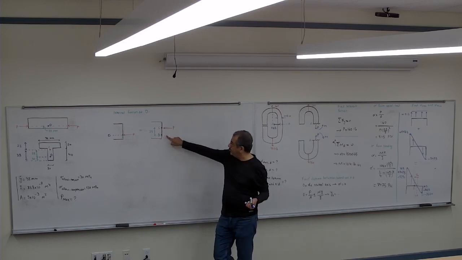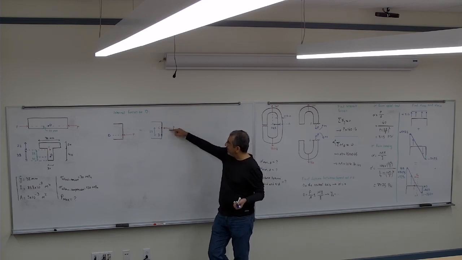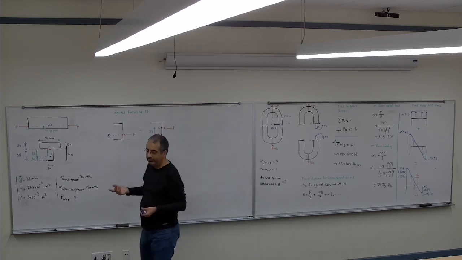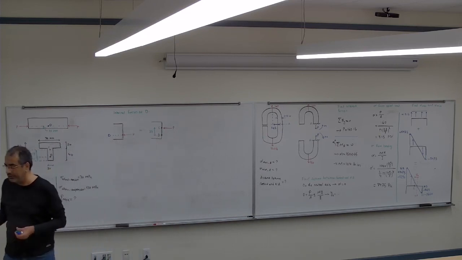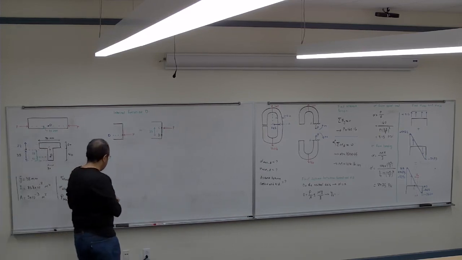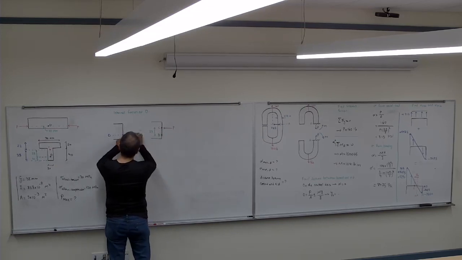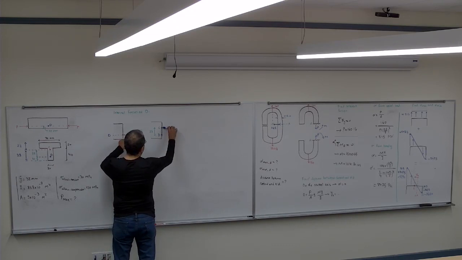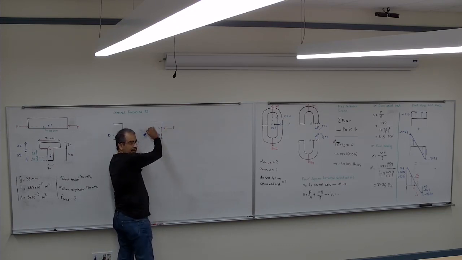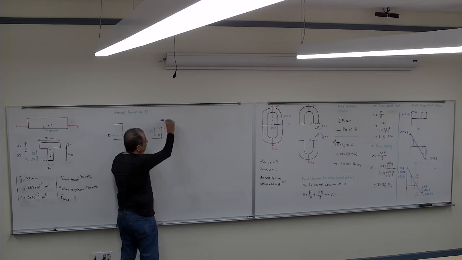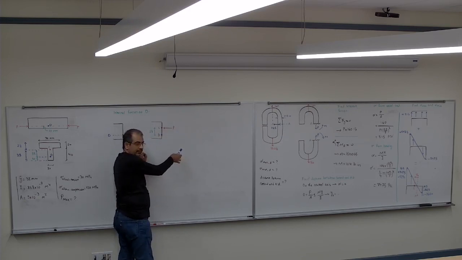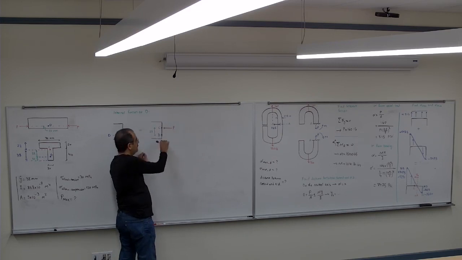So I have to balance the moment I added to the cross section by moving that. So how am I going to put that? Look at here. If it is here, there's no moment. If I move it up there, it's going to cause a counterclockwise moment. Correct? So I have to put the moment clockwise to balance that counterclockwise moment I created by moving the P.